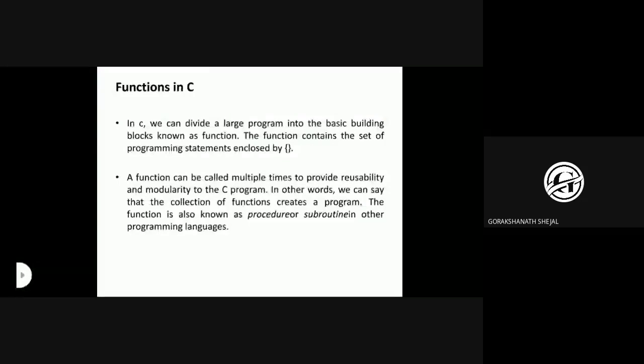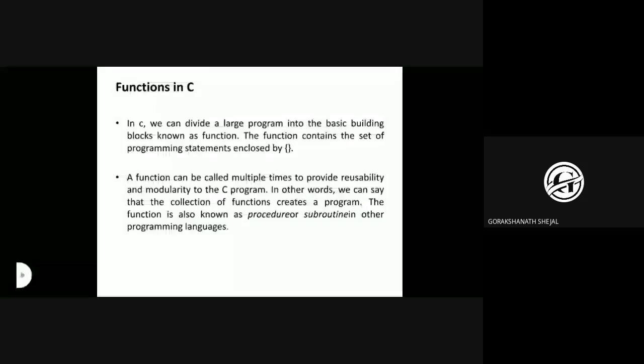Likewise, if you don't write main function, the compiler will not enter into our program, because main function is the entry point of our program. First of all, the compiler will check whether main function is there or not. If it is there, it will enter into the program and start executing it. So that is the reason program execution always begins with main function.